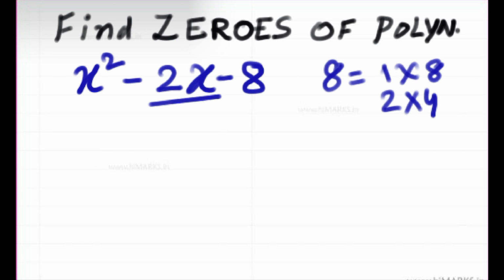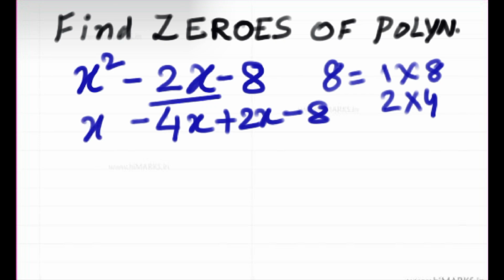How? We have to make minus 2. So we put minus 4x plus 2x, which will give minus 2x, and minus 8 and x square. So this is the way, with the help of the first and last term, we made the middle term.